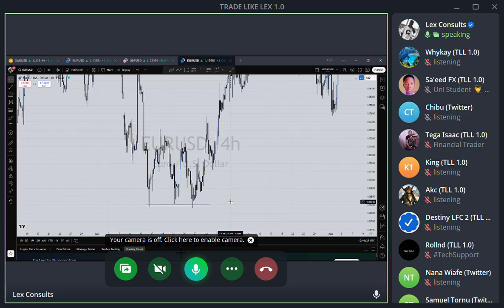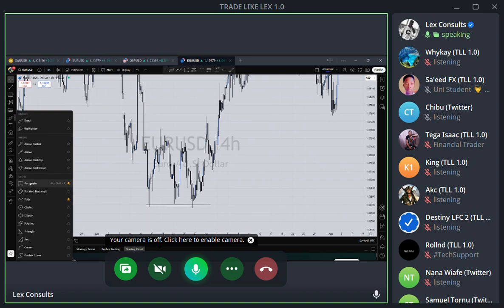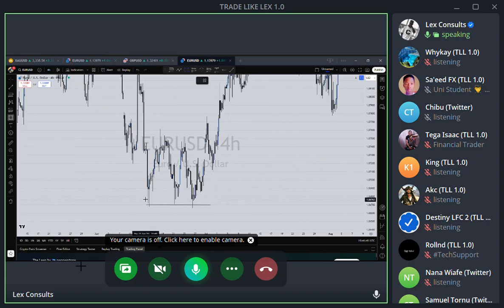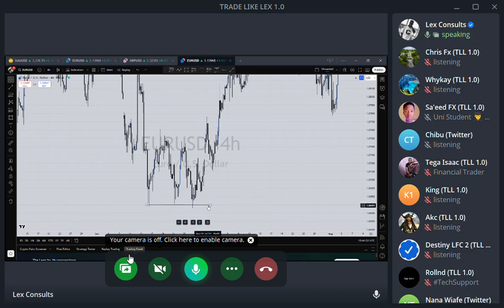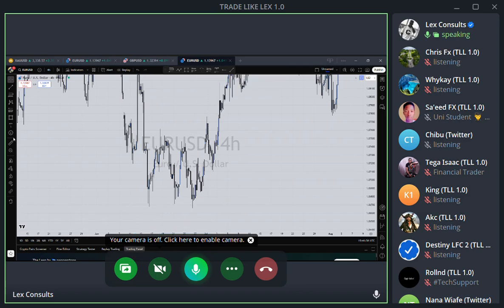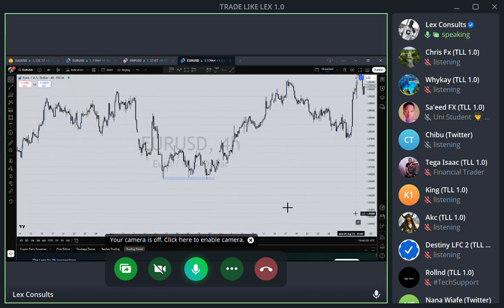So you can see that the support is horizontal. It cannot be totally equal. I always use my rectangle to mark the horizontal support because the wicks will not let it be equal. Okay, so we have horizontal support, which is that, and then we have a descending resistance.